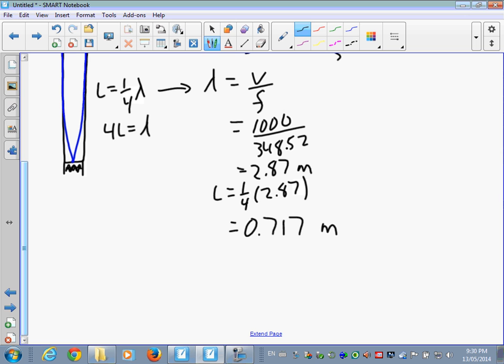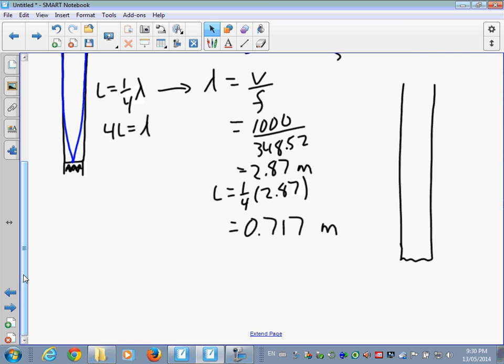There would be other lengths that will do that as well for this particular frequency, because it's not just L equal to 1/4 wavelength that will give a standing wave. We could have something that looks like this. In this case, instead of keeping the tube length the same and getting different frequencies, you're going to hear the same frequency, but we're going to change the length of the tube.